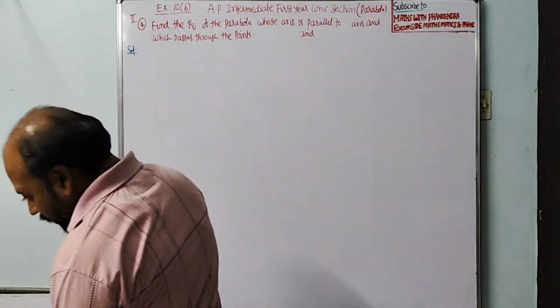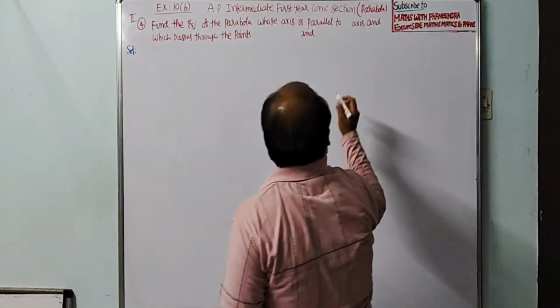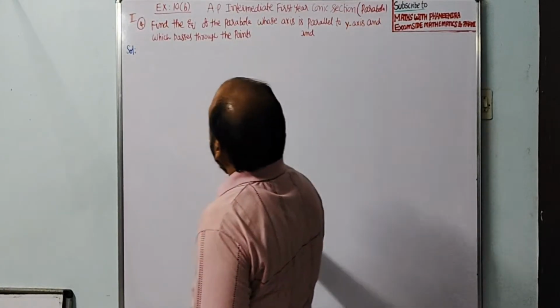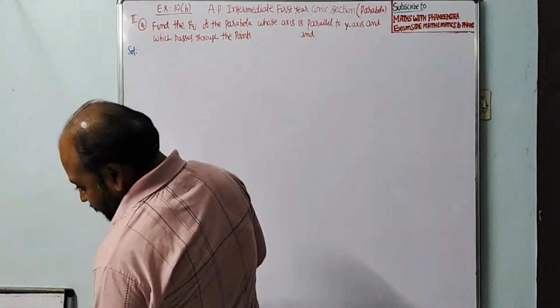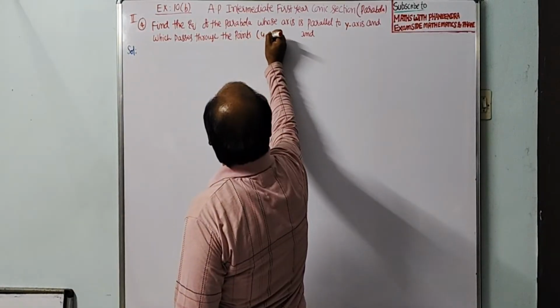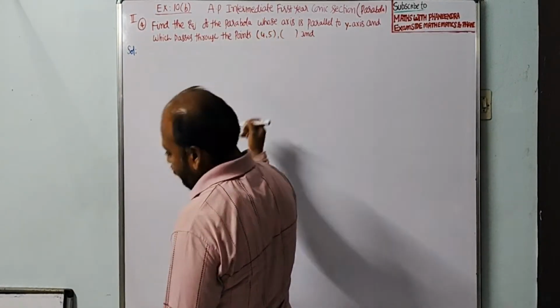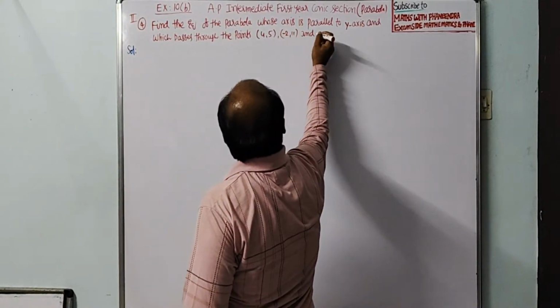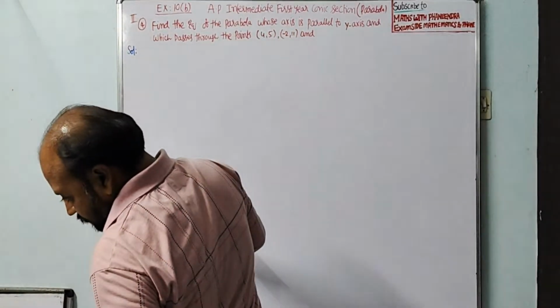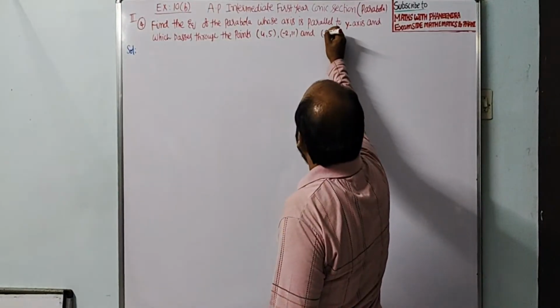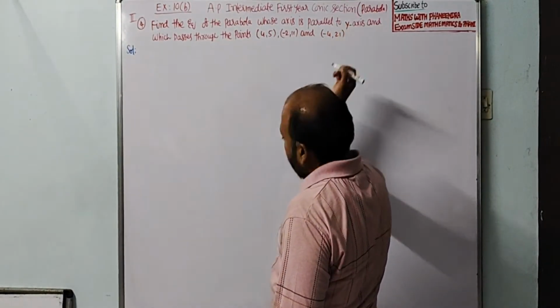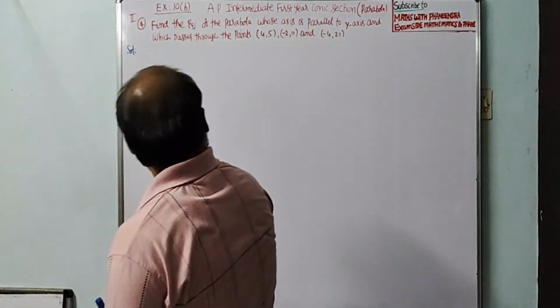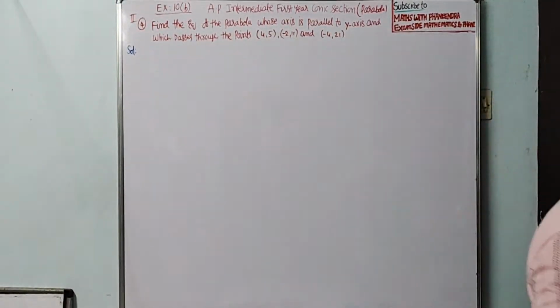Find the equation of parabola whose axis is parallel to y-axis, which passes through the points 4, 5, minus 2, 11 and minus 4, 21. So this is the question, dear students.